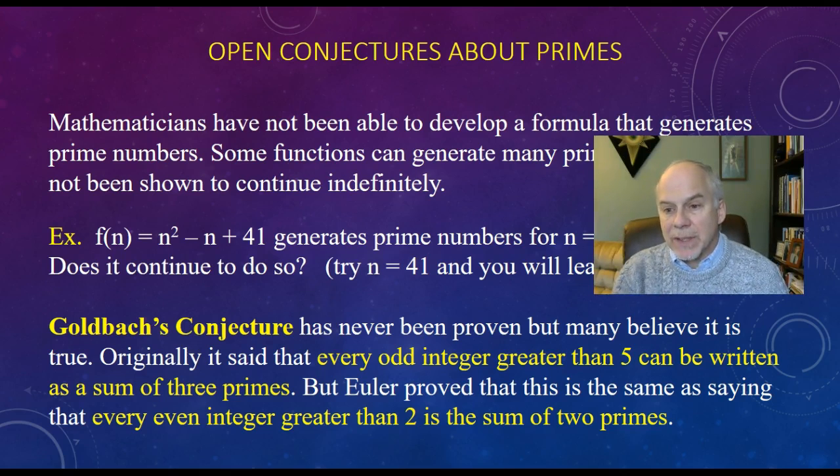Now, a great mathematician, Euler, proved that this is the same as saying that every even integer greater than 2 is the sum of 2 primes.